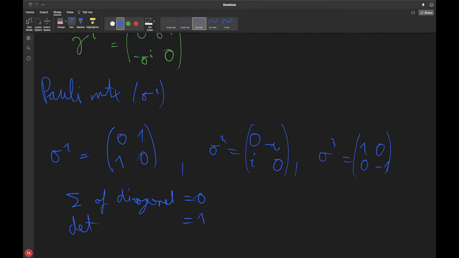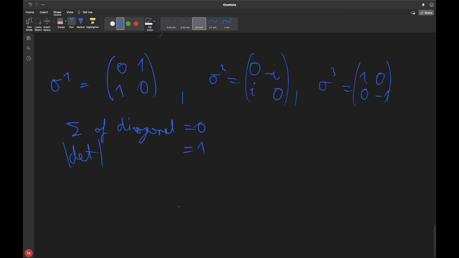Because 0 plus 0 is 0, 0 plus 0 is 0, 1 minus 1 is 0, and then you do the determinant. 0 times 0 is 0, plus 1 times 1 is 1, and then again minus i times i is 1, and 1 times minus 1 is minus 1. So the absolute value of the determinant is 1.